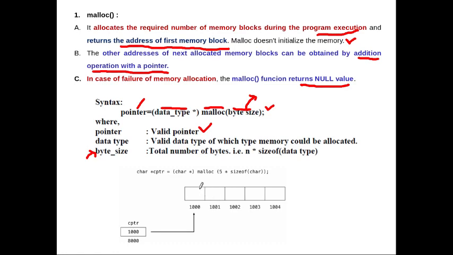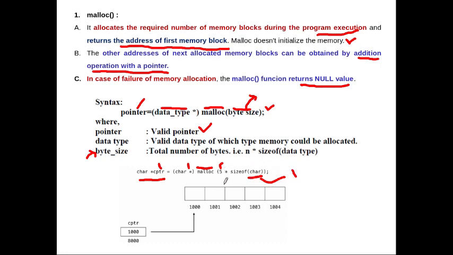So let us consider an example. Here we have declared a pointer variable of type character, and we are following this syntax. So this is the data type and the malloc function. How many blocks do we want? 5, and the size of each of these blocks is the size of a character. The size of a character is 1, so 5 into 1 equals 5.